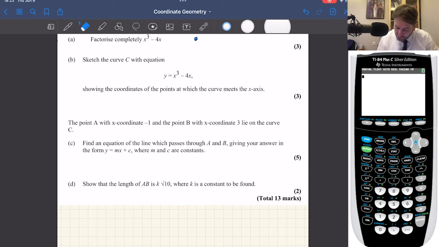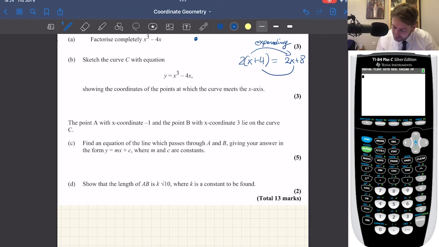If you somehow forgot what factorize is, let me remind you. So let's say you had 2 times the bracket x plus 4. This way, it's expanding. So you're expanding the bracket to 2x plus 8.